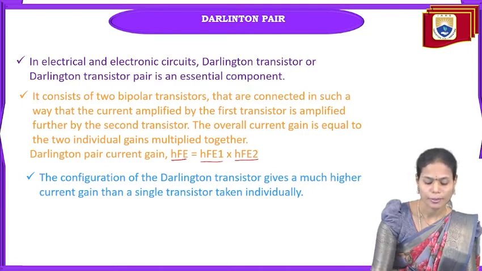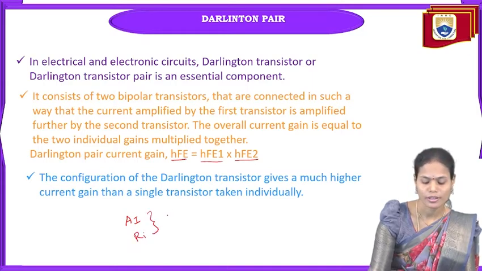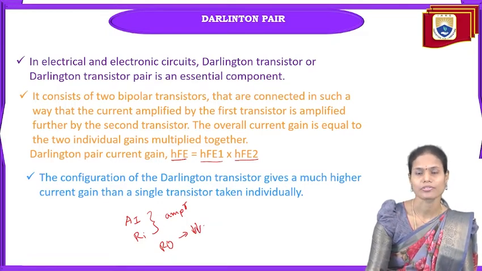So from this Darlington pair we are able to improve the overall current gain as well as overall input impedance of the amplifier stage, and we reduce the output impedance here. So these are the basic requirements for any amplifier circuit.